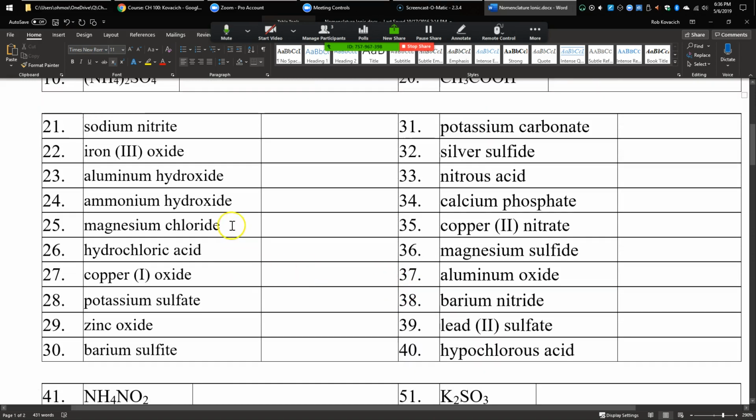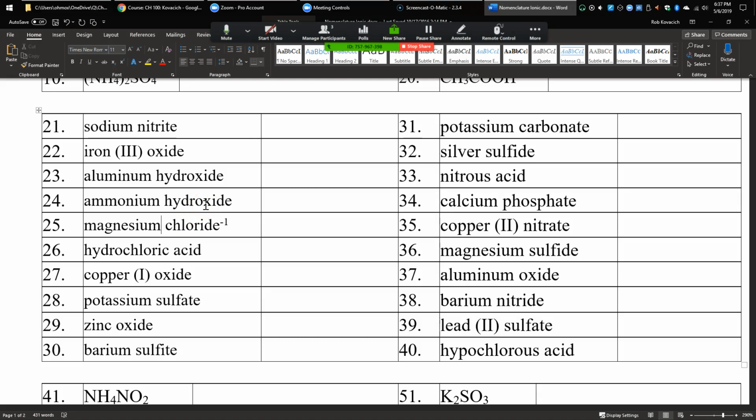So if you've got this name here on 25, magnesium chloride, how do you come up with the formula? The charges. Okay, so you already know the chlorine's charge is a -1. What's the magnesium's charge? Well, you find magnesium on the periodic table. It's element number 12, and it's in column number 2.